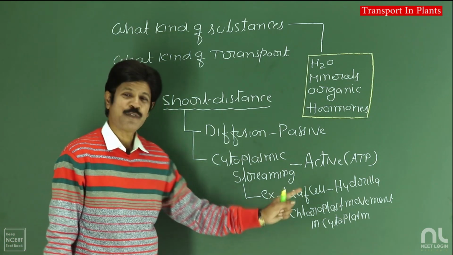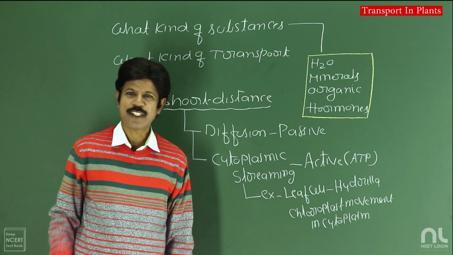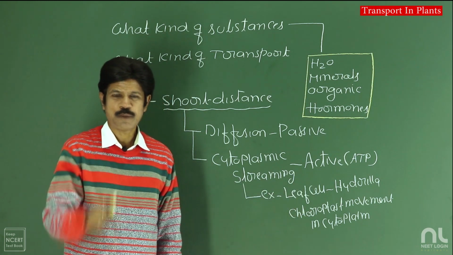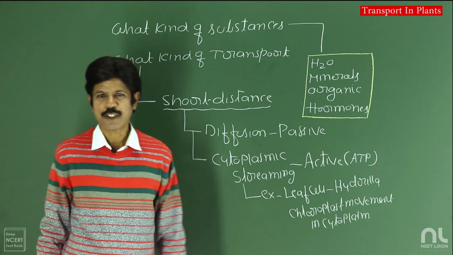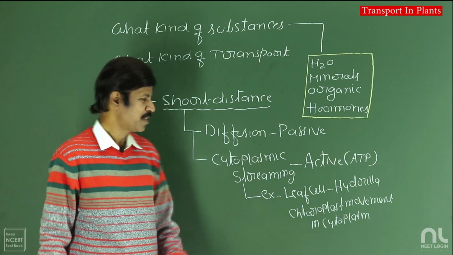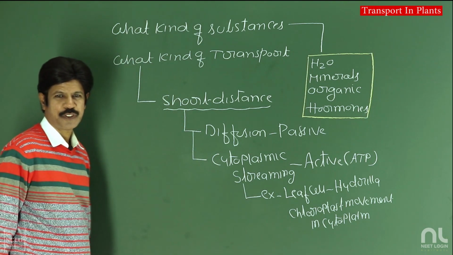We come across this in photosynthesis. So in leaf cells of Hydrilla, there is cytoplasmic movement, that is streaming movement. So with this cytoplasmic movement, the movement of the chloroplast comes under cytoplasmic streaming, that is active. It is short distance transport.